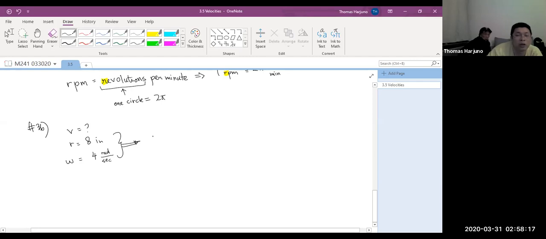Now we know that linear velocity equals angular velocity times the radius. So I plug in numbers here: 4 radian per second times 8 inches. That will give me 32 inches per second.